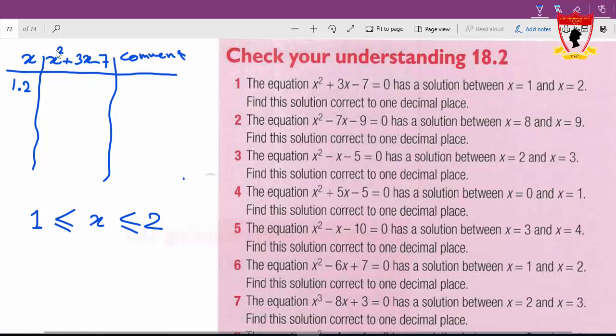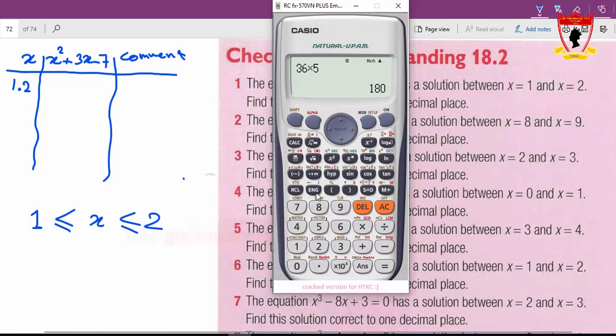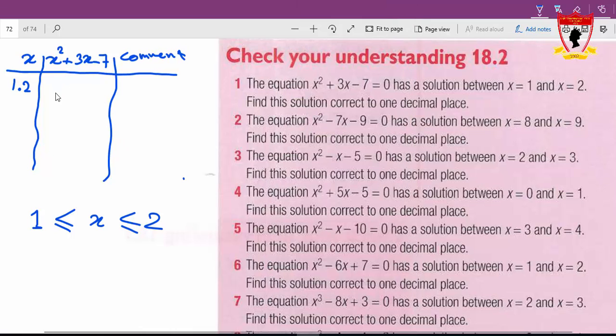Substitute 1.2 here. We'll have 1.2 to the power of 2 plus 3 times 1.2, and then the result minus 7. So this is equal to negative 1.96.